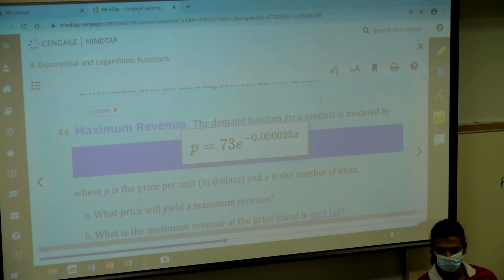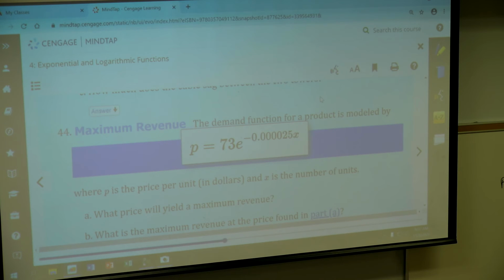Once you have your price, then you take out how much it costs to make it, and then multiply by however many you sell.